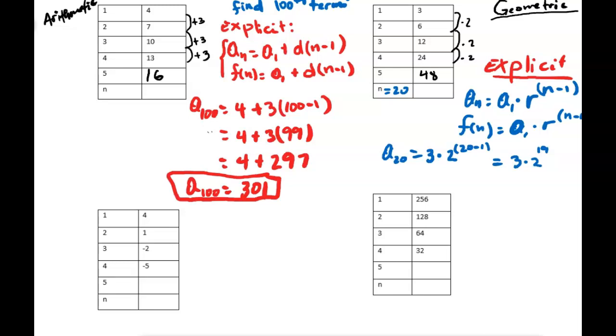3 times 2 to the 19th power. So that's giving me about 1,000,000. So it's a big number.